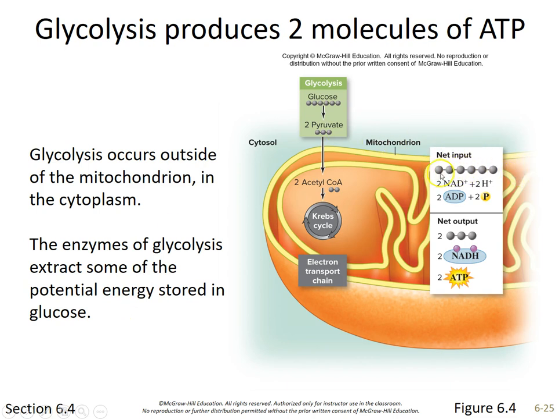You can see what's going into glycolysis is our glucose molecule, this 6-carbon chain, 2 NAD plus, 2 hydrogen ions, 2 ADP plus 2 phosphates. The net output is the 2 pyruvates, which are 3-carbon chains, NADH, which is a charged electron carrier, and 2 molecules of ATP.